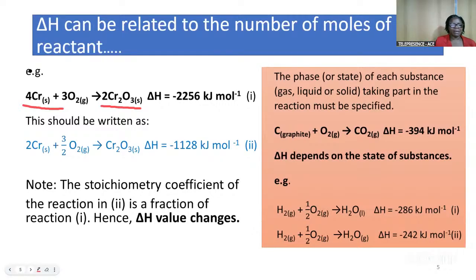So how do we write this appropriately? To write this appropriately, you can express it for 1 mole of Cr2O3 that is formed.